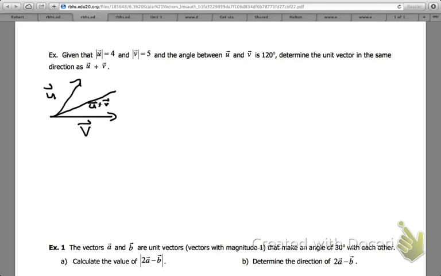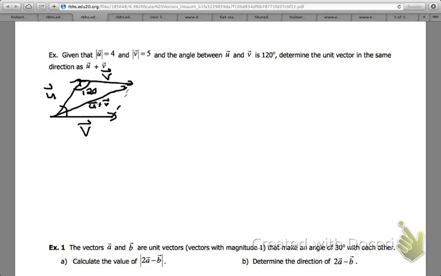As you can see, we can create our parallelogram. We know by our rules of parallelograms, if it tells me that this angle measurement is 120, this would also be our v.